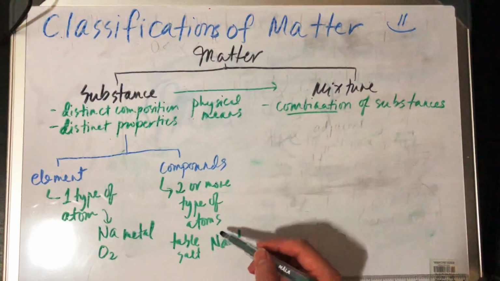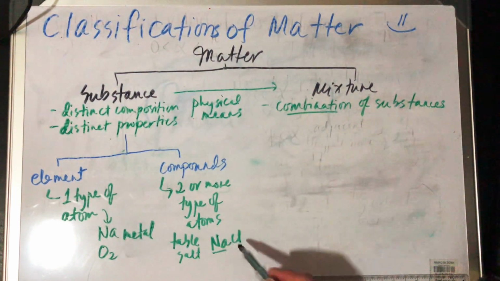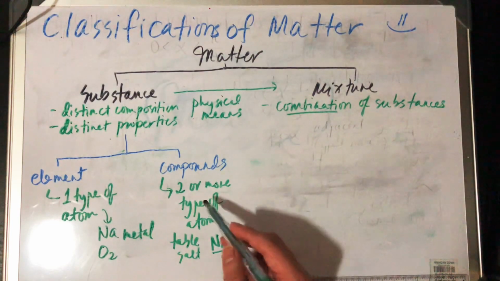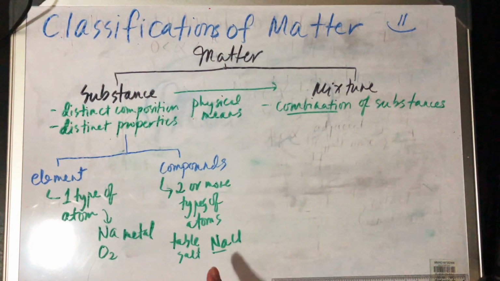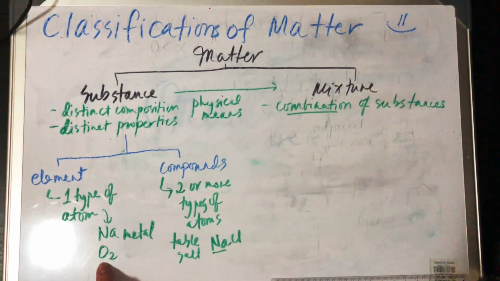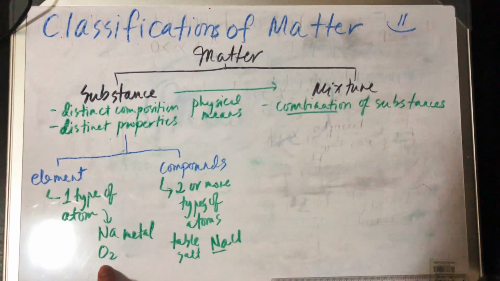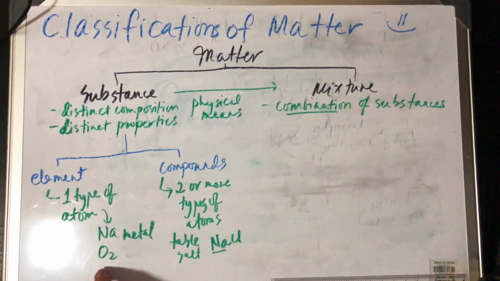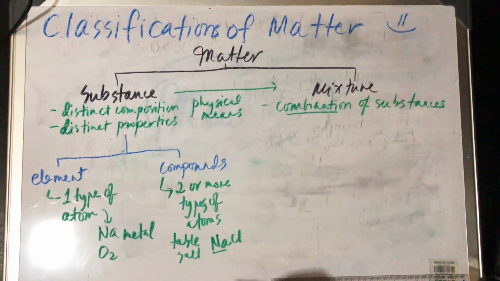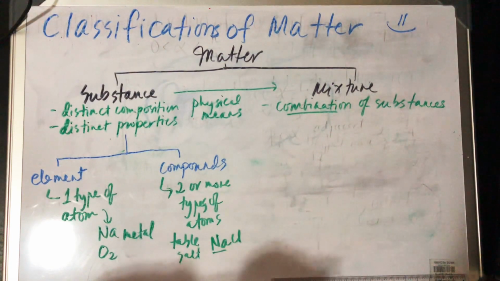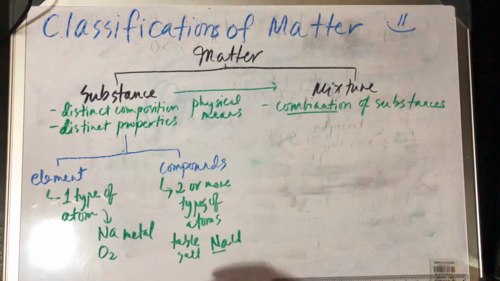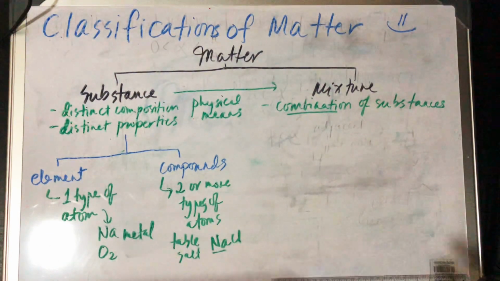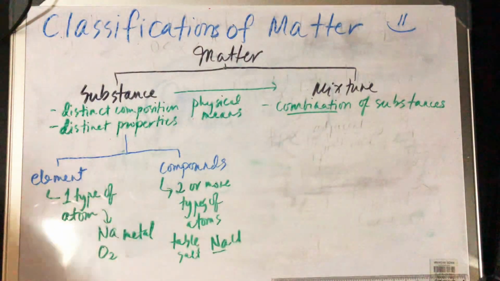I have a sodium atom and a chlorine atom, so I have two types of atoms. Unlike with oxygen, although we have two atoms present in oxygen, it is only one type of atom. The discussion of elements and compounds will be explained more in our next videos.